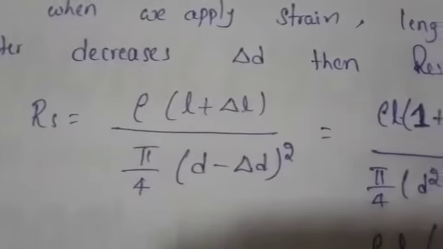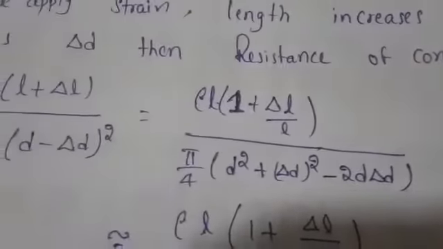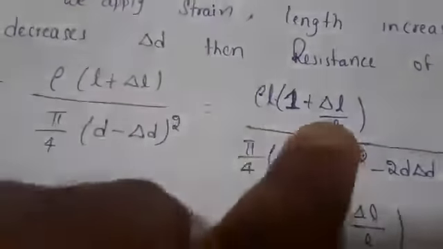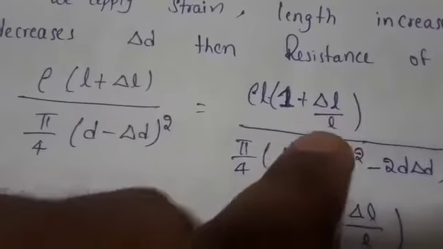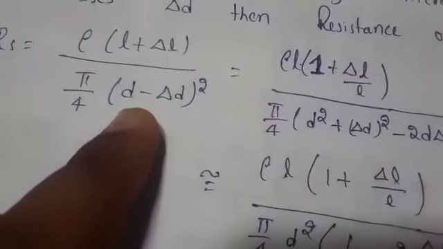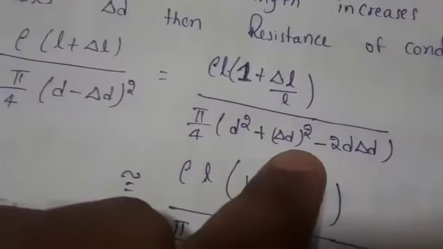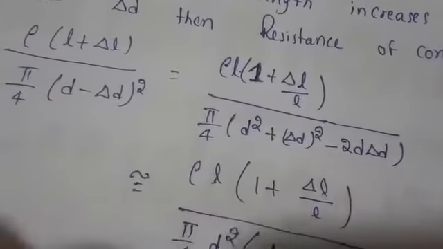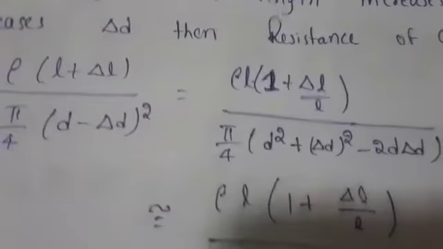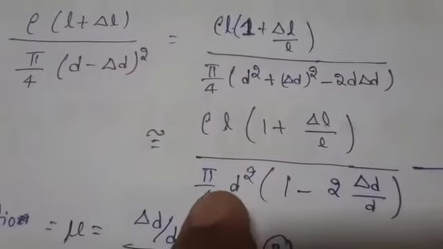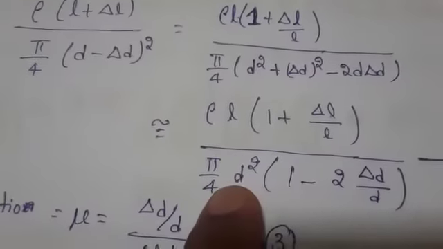So by this we can write the equation as rho L. Taking L as common, we get 1 plus delta L by L, then pi by 4 times d minus delta d whole square. Using the formula (a minus b) whole square equals a square plus b square minus 2ab, we write it in this way. In the denominator I am taking d square common.